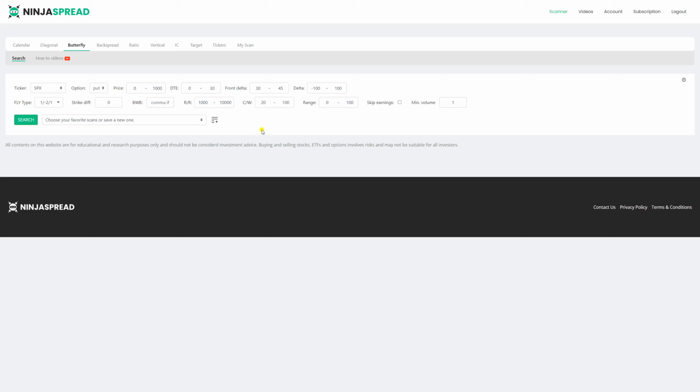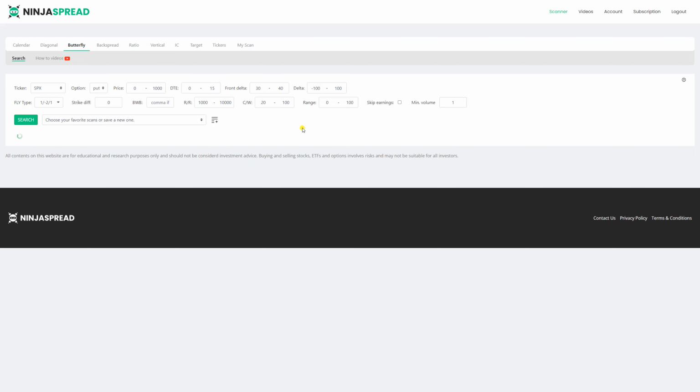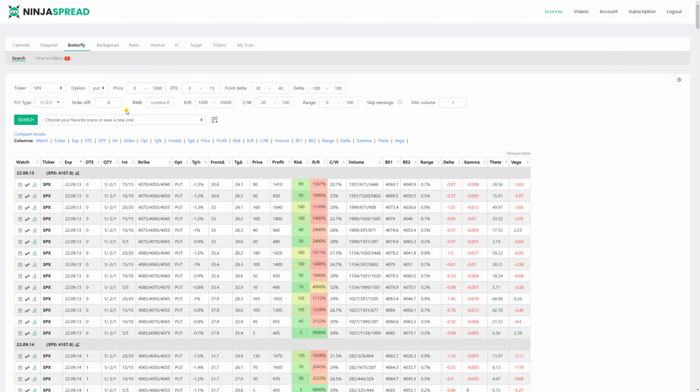So we have to further refine or restrict our search criteria. So let's, for example, look for lower DTE ranges and more narrow front delta ranges as well, and see what it can come up with using strike difference as 0. As you can see here, the strike difference varies a lot.